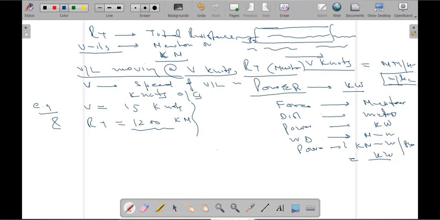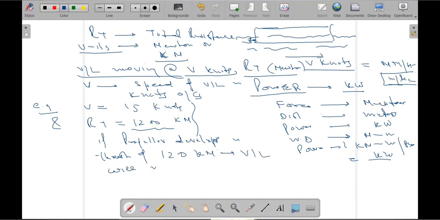Which means if my propeller develops a thrust of 1200 kilonewton, the vessel will move at 15 knots.